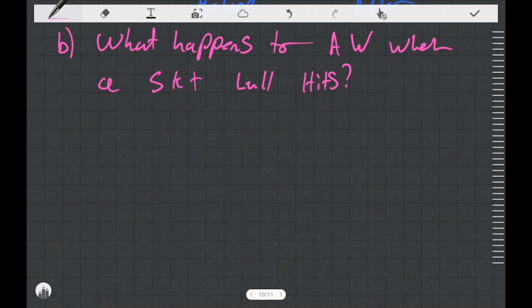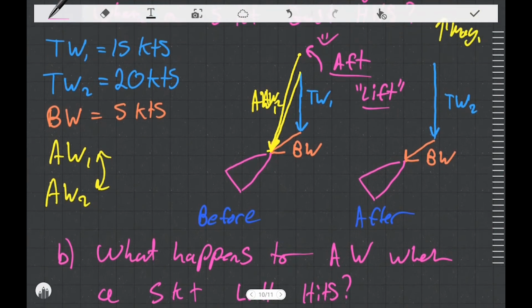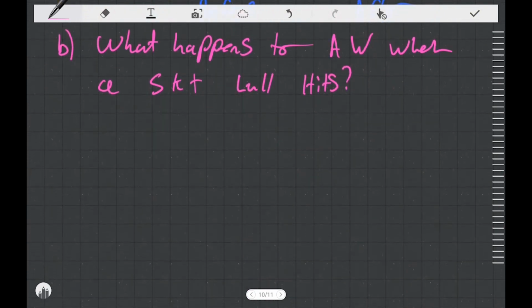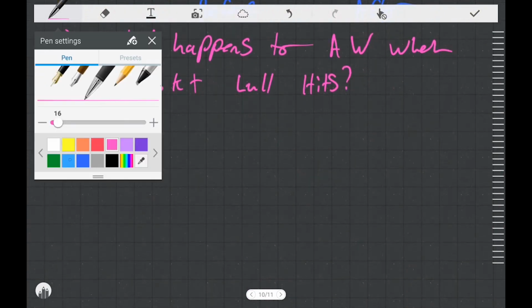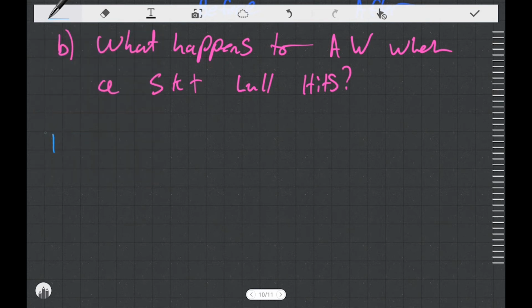So now the question is, what happens to your apparent wind when a 5-knot lull hits? And it's going to be basically the opposite. So let's write that out. True wind 1 is equal to 15 knots. True wind 2 is equal to 10 knots.